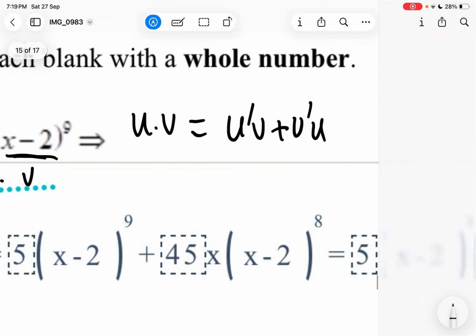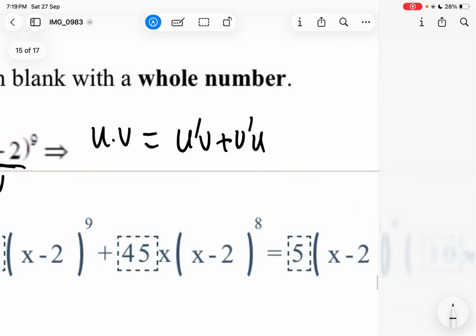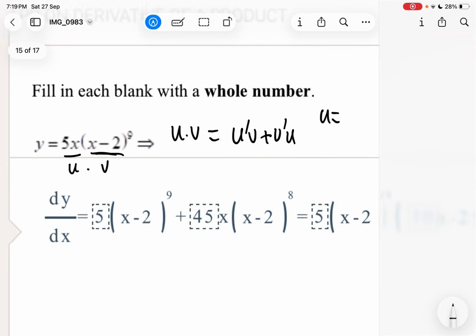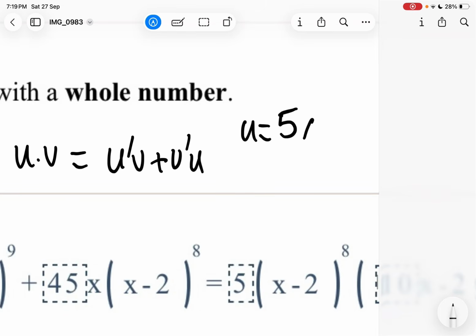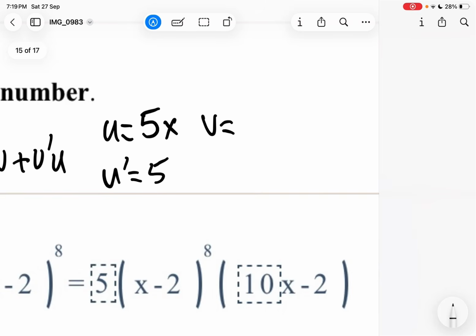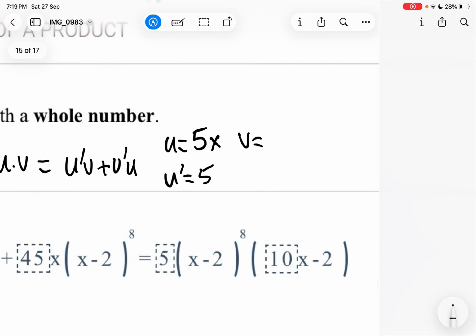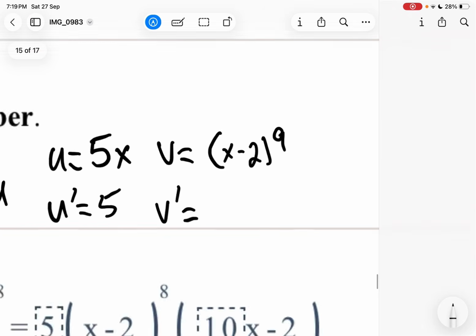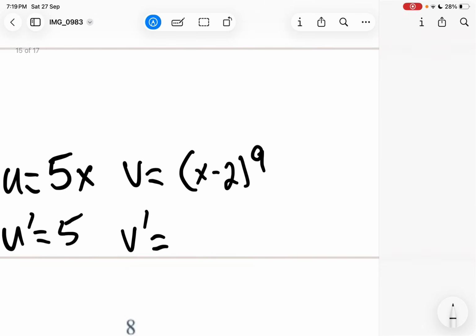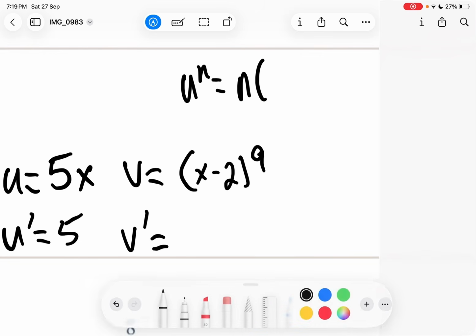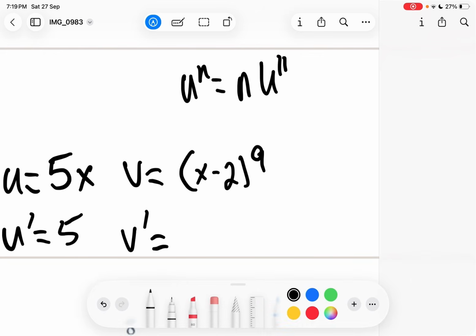After that, let's take what's given. So u will be equal to 5x, u prime will be equal to 5. V is (x - 2) to the power of 9, and v prime is the derivative of this, which is n times u^(n-1) times u prime.